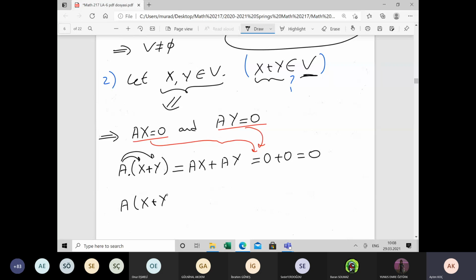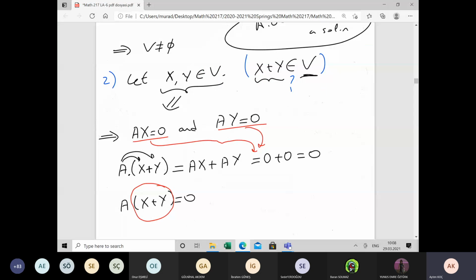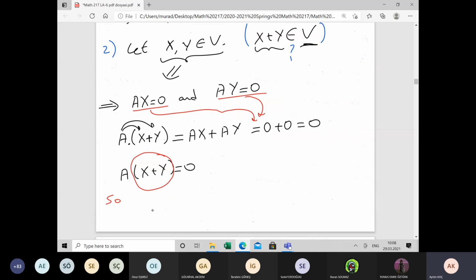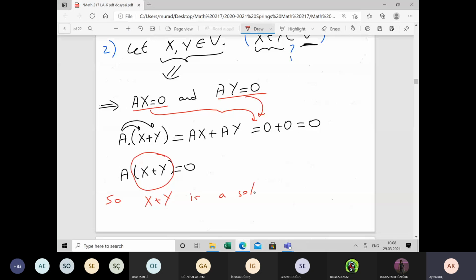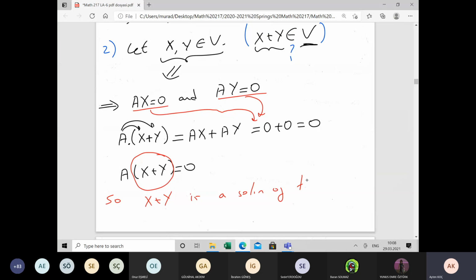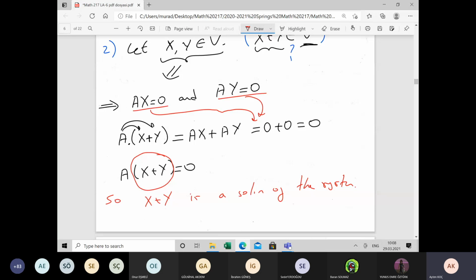What does it mean? It means that this is a solution of our system, because the coefficient matrix times this vector is 0, homogeneous. So we obtain that x plus y is a solution of the system, and V contains all solutions.